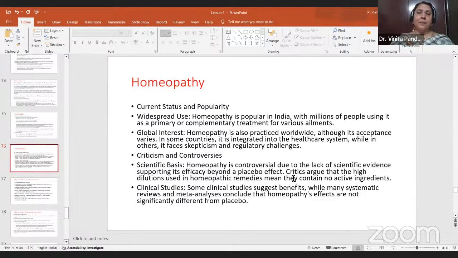That is the criticism: if you have made some medicine so diluted in form, how will it have the ingredient which will help to address the problem? Some clinical studies suggest benefits, while many systematic reviews and meta-analyses conclude that homeopathy's effects are not significantly different from placebo.